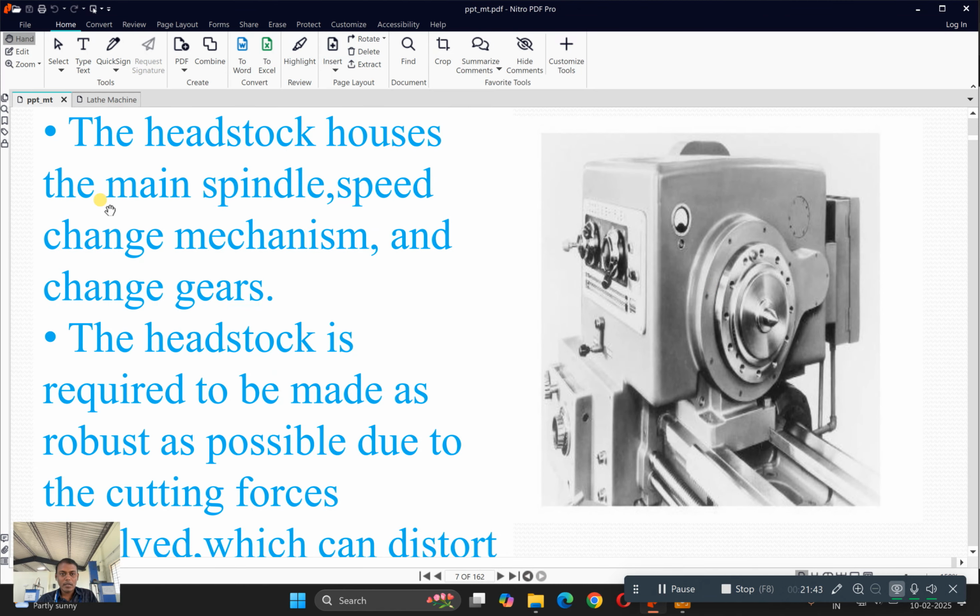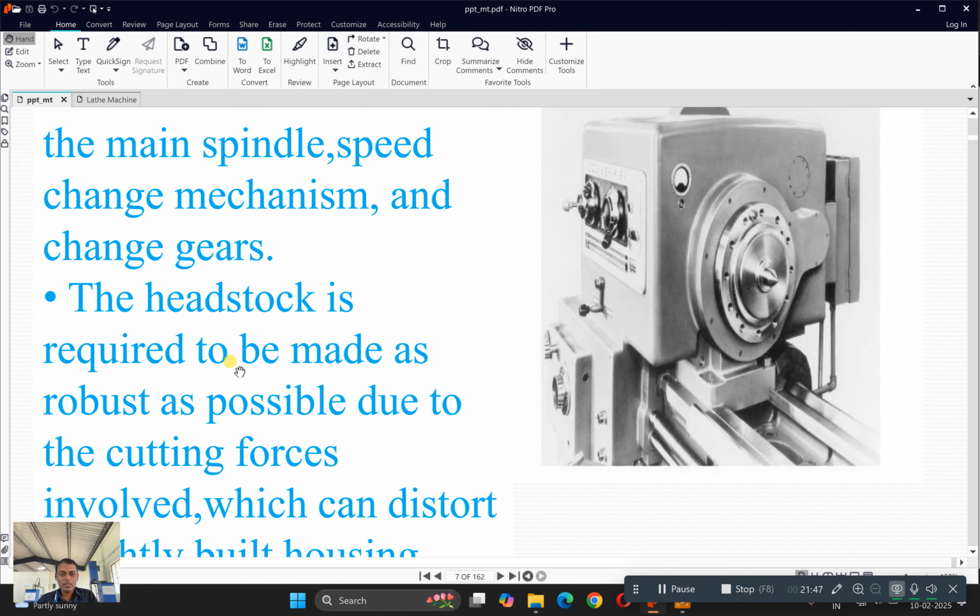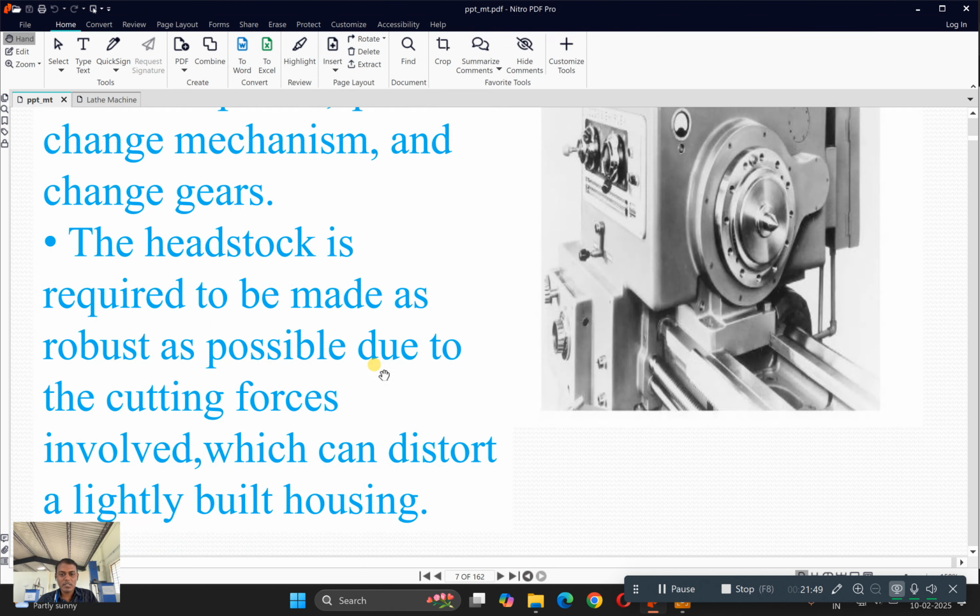So the headstock houses the main spindle, speed change mechanism and changing gears. The headstock is required to be made as robust as possible due to the cutting forces involved, which can distort a lightly built housing.